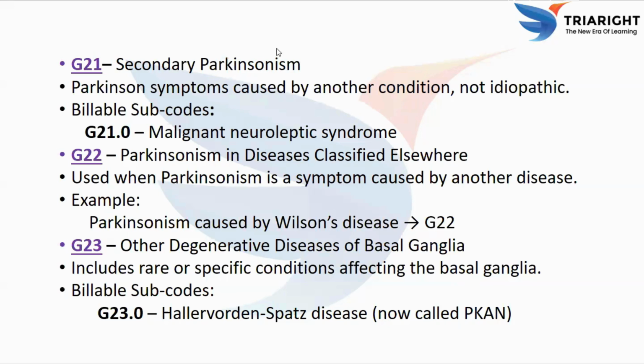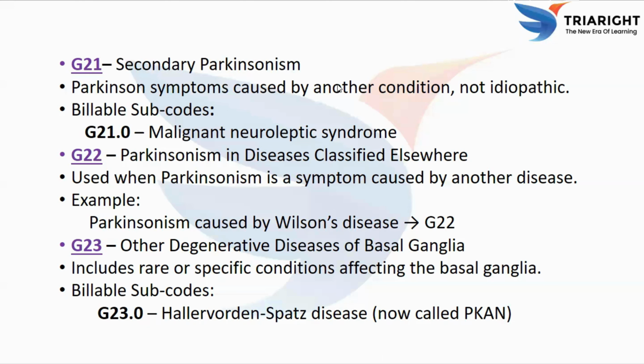Instead it is caused by other conditions such as medications, brain injury, infections and also toxins. So what is the example of this one? G21.0, malignant neuroleptic syndrome. It is a severe reaction to antipsychotic drugs. Whenever you take the medication, you develop a severe reaction to the antipsychotic medications.